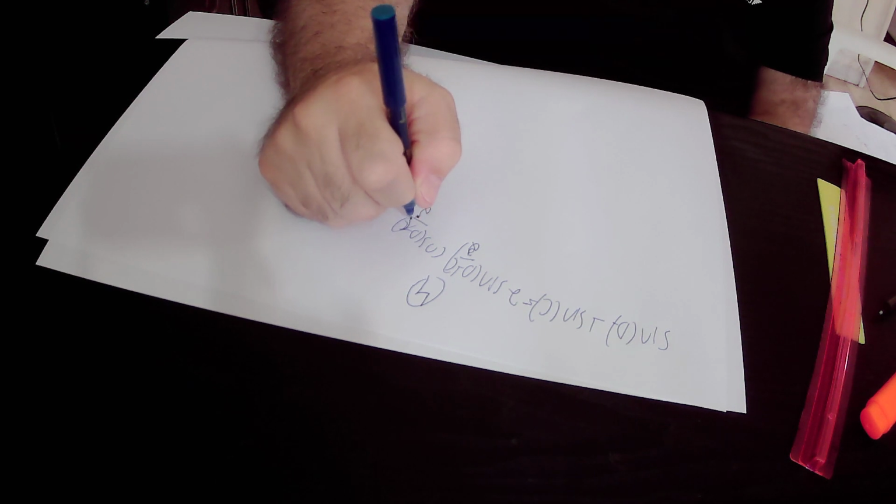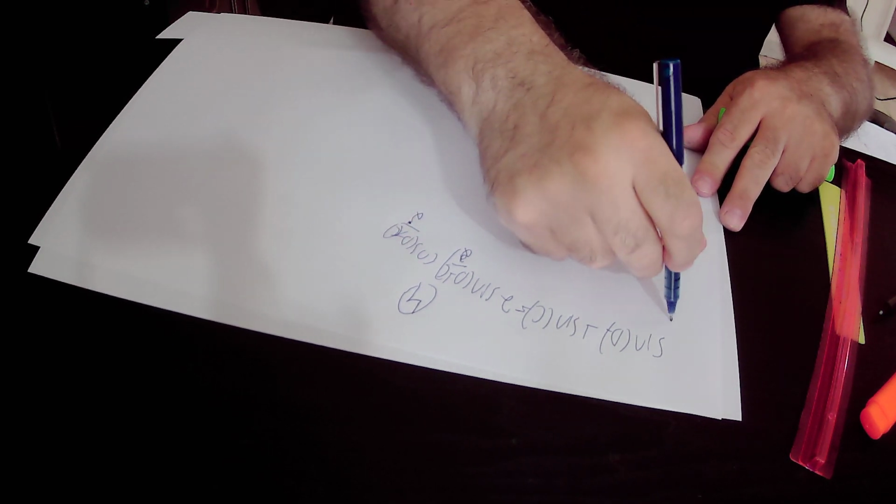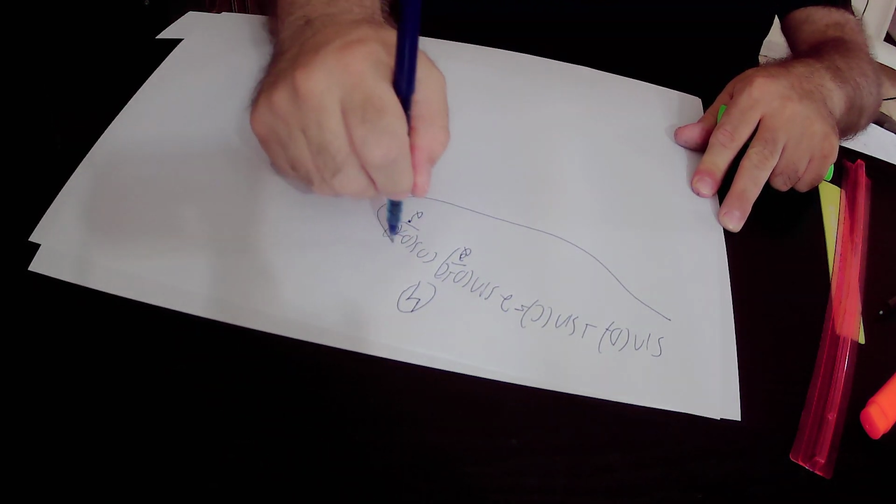We use this trigonometric identity for sine 60 degrees plus sine 80 degrees.